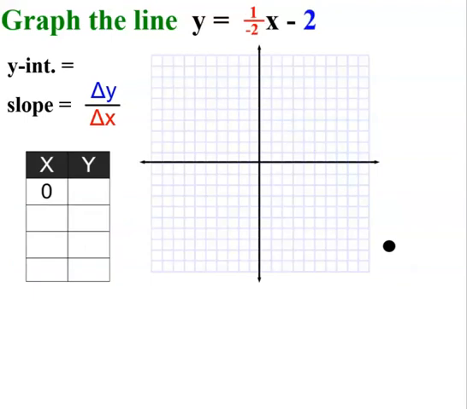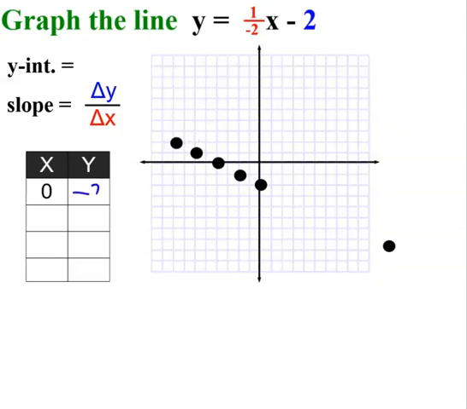The y-intercept is negative 2. That's my first point. And my slope is 1 over negative 2. So delta y is positive 1, that's up 1, but x is negative 2, that's left 2. Up 1, left 2. The slope is positive 1, then a run of negative 2.